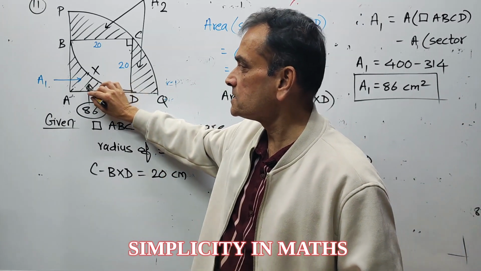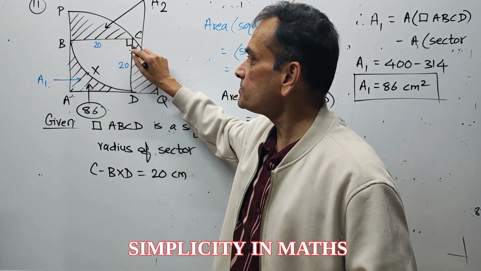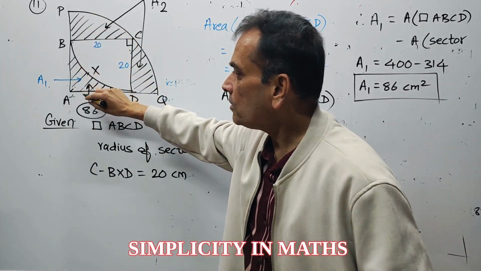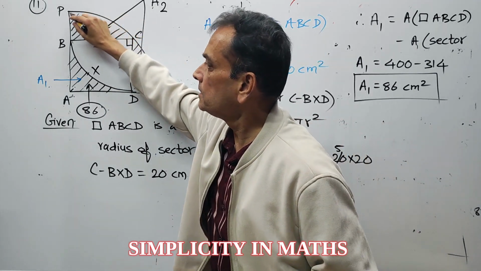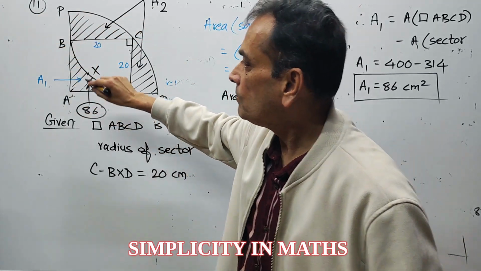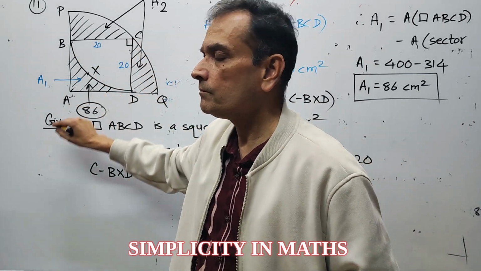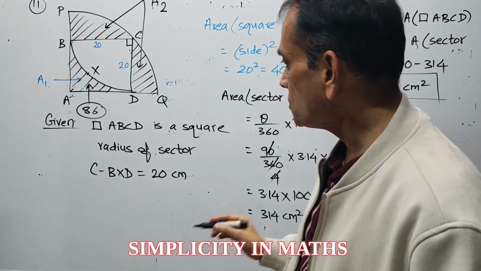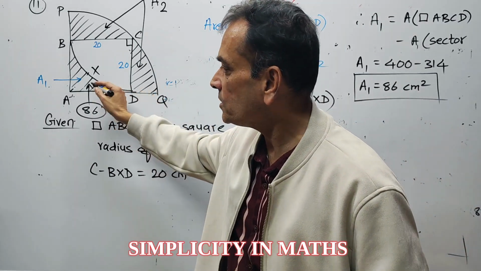Now don't look at this. Area of this part will be, look carefully at the diagram, area of the big sector. This is also a sector. Area of the big sector minus area of the square. This has to be reversed. In the earlier case it was the opposite, area of square minus area of sector.